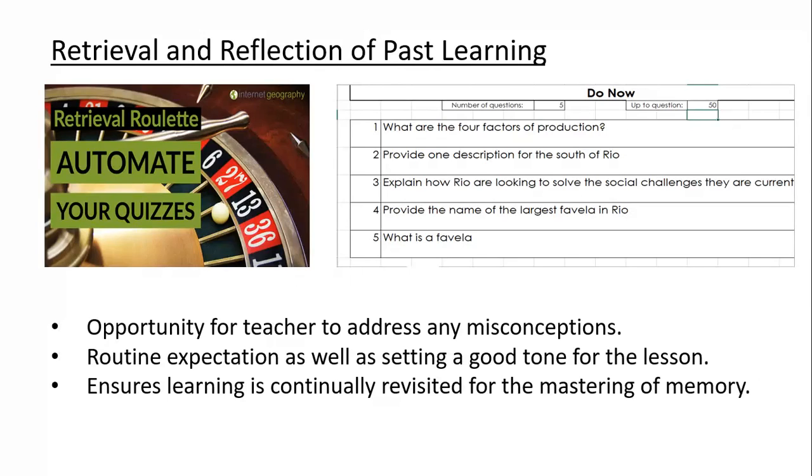This is a very good piece of technology because it gives teachers the opportunity to address any misconceptions. There is a clear routine, so students will know exactly what to expect when entering the classroom, and it sets a very positive tone to the lesson, especially in the current climate. And it ensures that learning is continually revisited and students are mastering their memory.